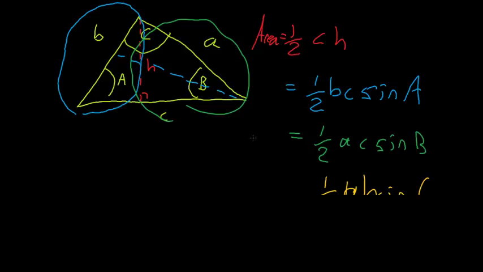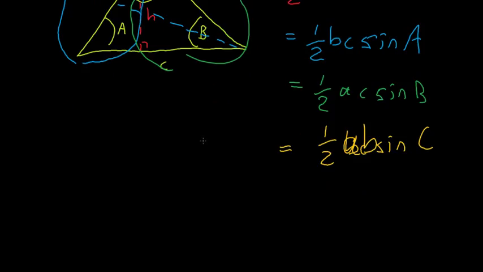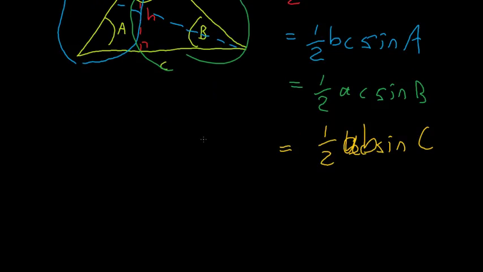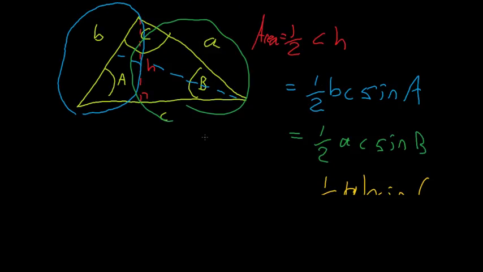But just learn how it is really applied, right? So it's a half ab sine C, so it's going to be a half ab sine of the angle between them. Let's have an example for context. So let's draw a triangle.